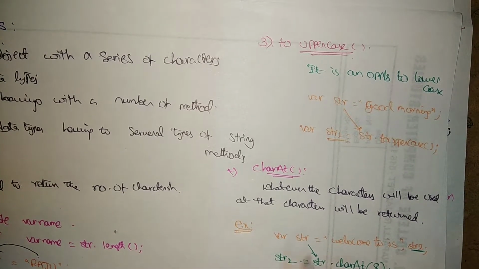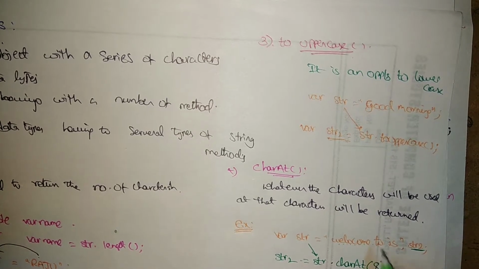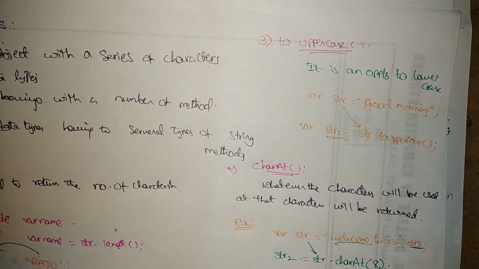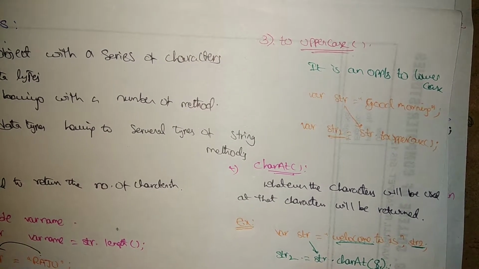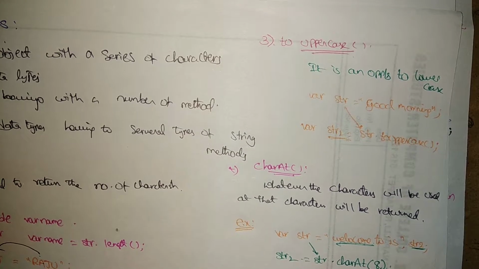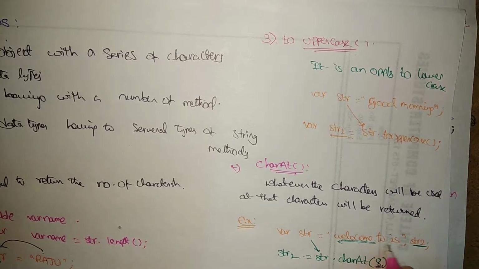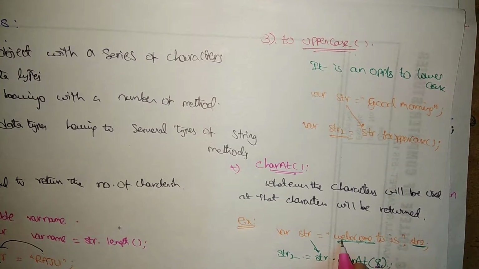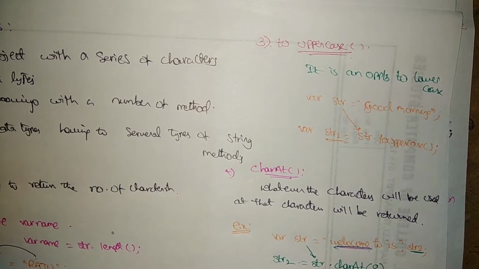Counting 1 2 3 4 5 6 7 8, the character at position 8 will be displayed. We check the entire string up to the given number of characters, and the result will be displayed at output.